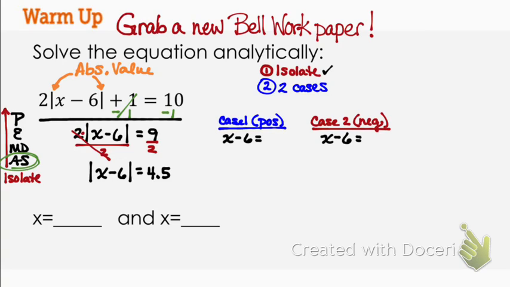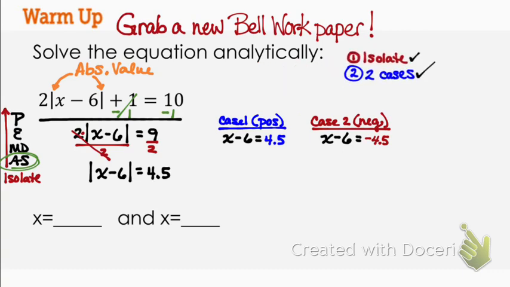For the positive case, I take what's inside the absolute value and I set it equal to a positive 4.5. So what would it be equal to on my negative case? Negative 4.5. That right there finishes off my second step. So I've isolated it. I have 2 cases.